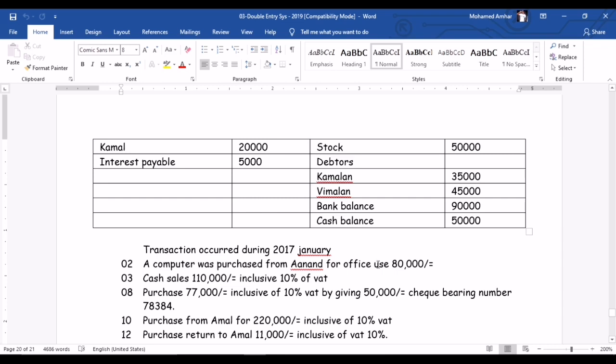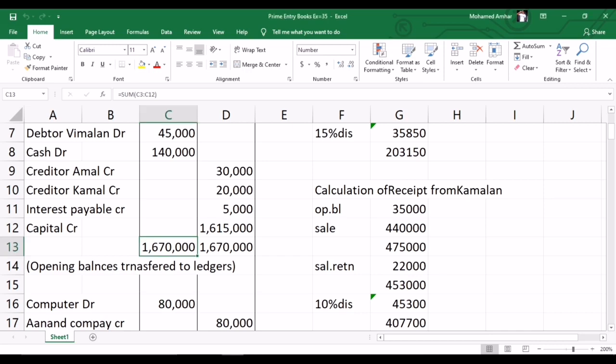If any asset is purchased on credit, that should be recorded in the general journal. The general journal is the prime entry book for recording any assets purchased on credit. So you record that in the general journal.